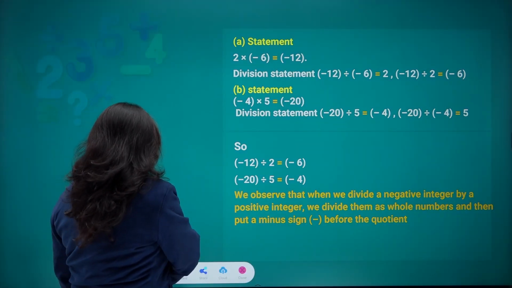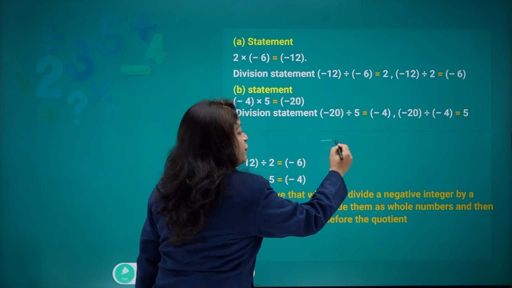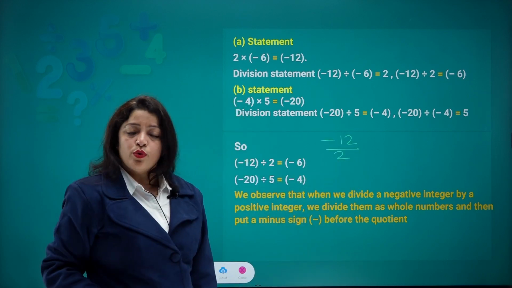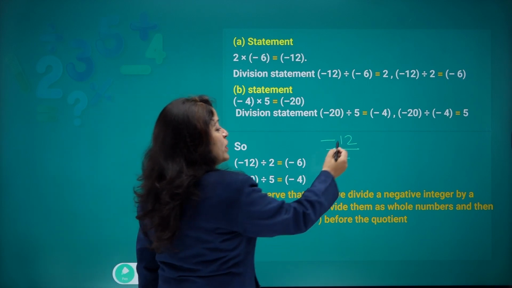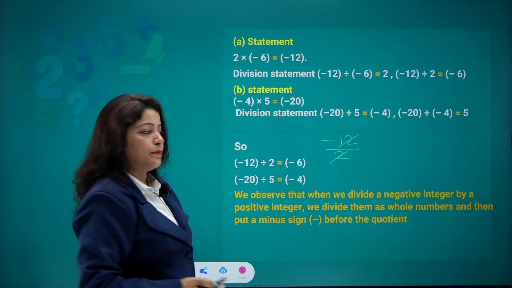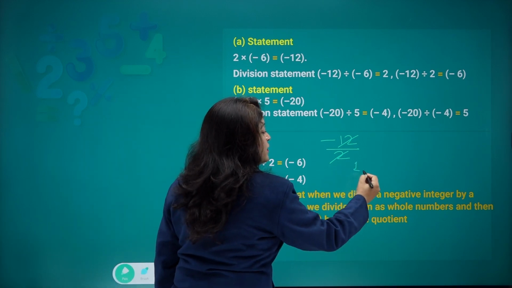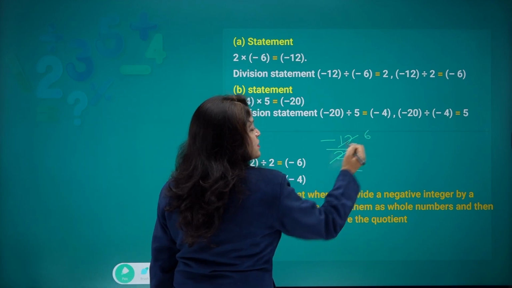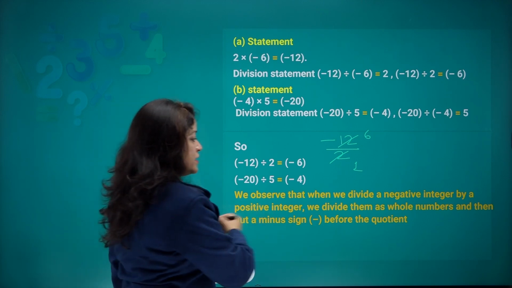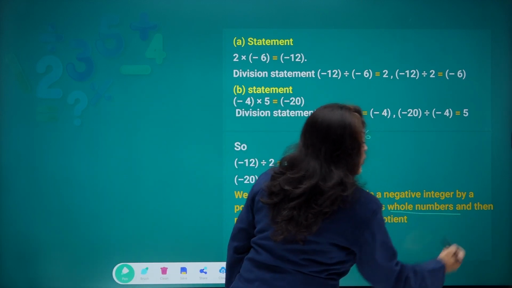If we write minus 12 divided by 2, we simply divide 12 by 2. We cancel them: 2 times 1 is 2 and 2 times 6 is 12. So here we have divided them as whole numbers, very important.